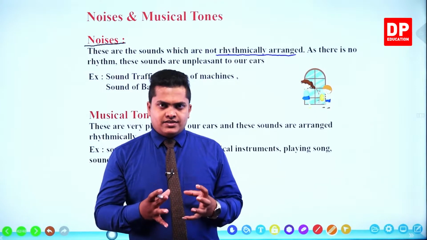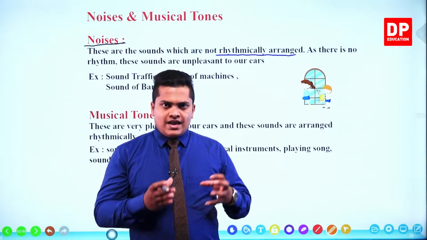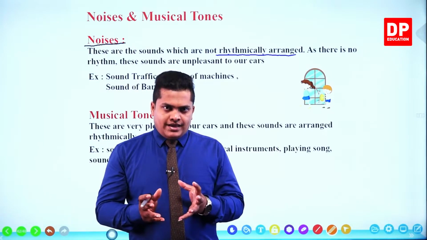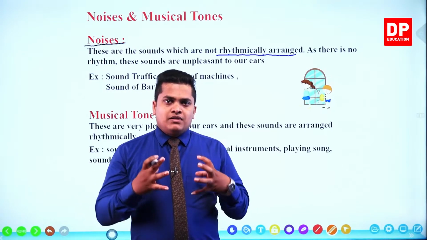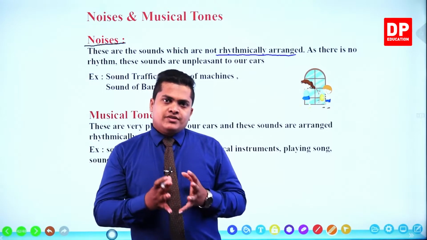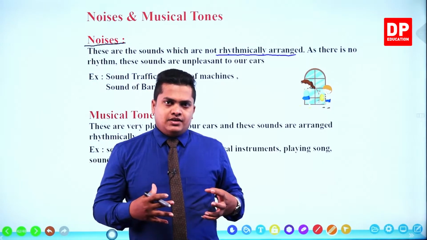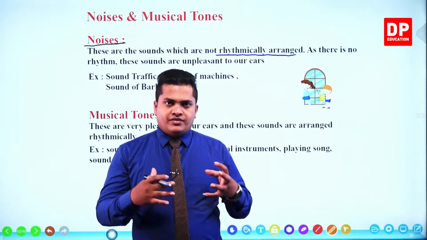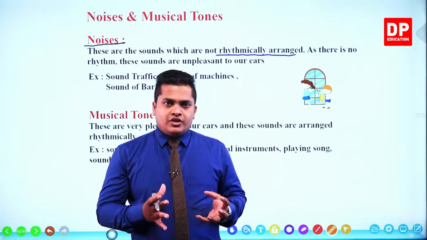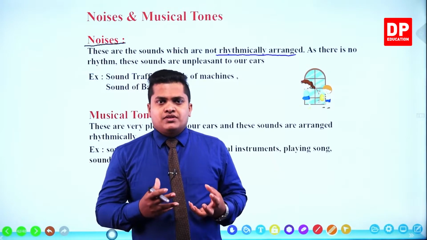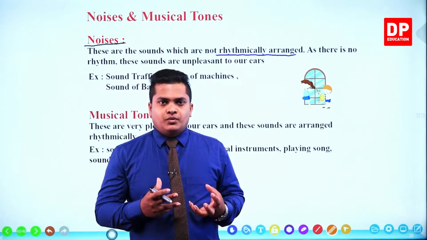Rhythm means the sound or the vibrations are arranged at certain intervals so that they would play a wonderful, pleasant sound. If you take a noise, the vibrations are scattered here and there. Vibrations in the instrument or the machine or the thing are heavy and unpleasant, right?